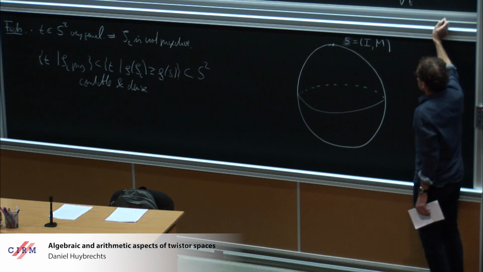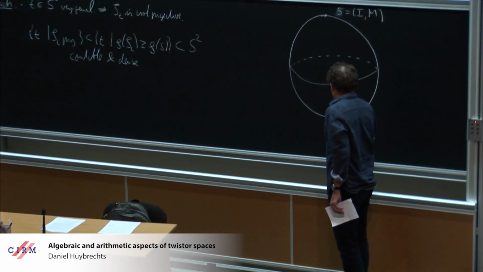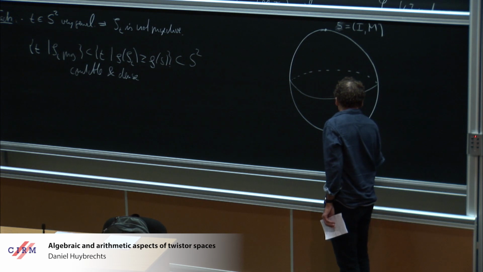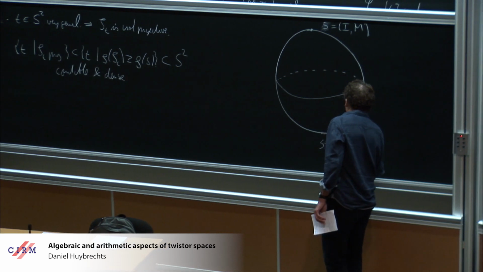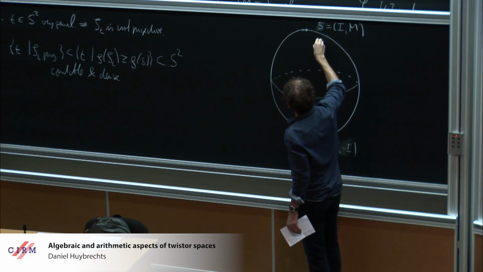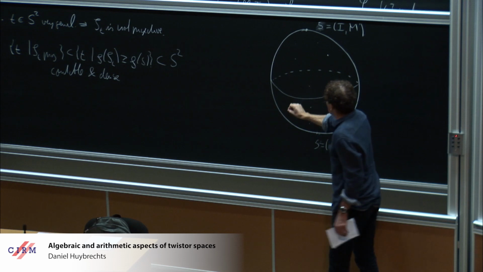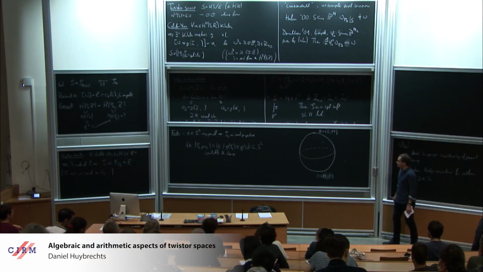Then if, for instance, you took the complex conjugate, that would sit down here, M minus I. I changed the order, I don't know why. And then the set of those where the Picard rank is at least the Picard rank of the original K3 is a dense set in the sphere.